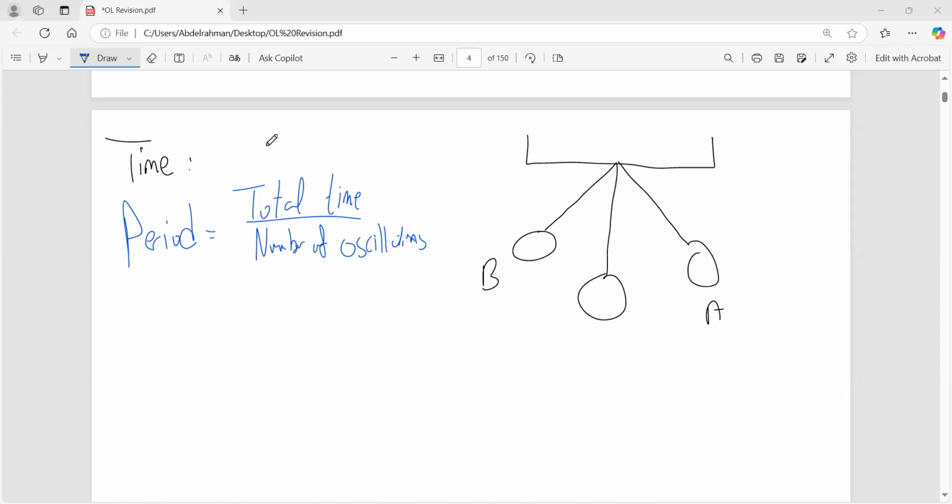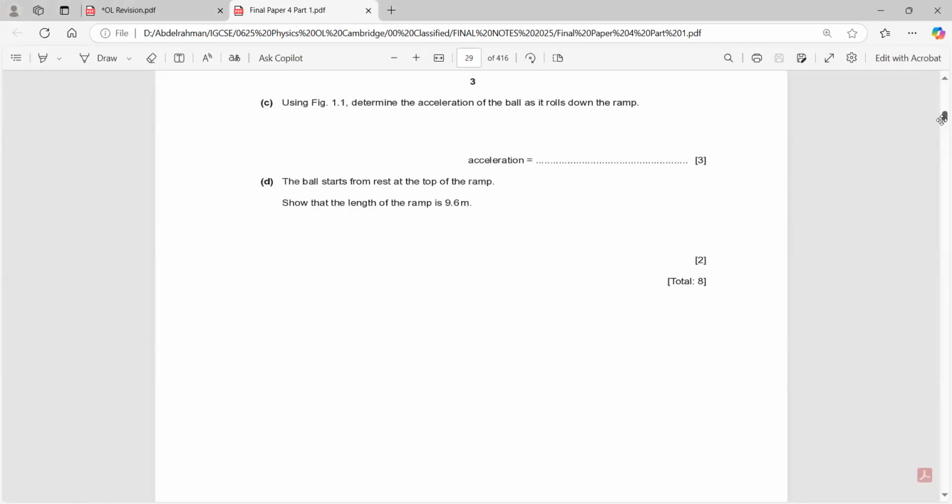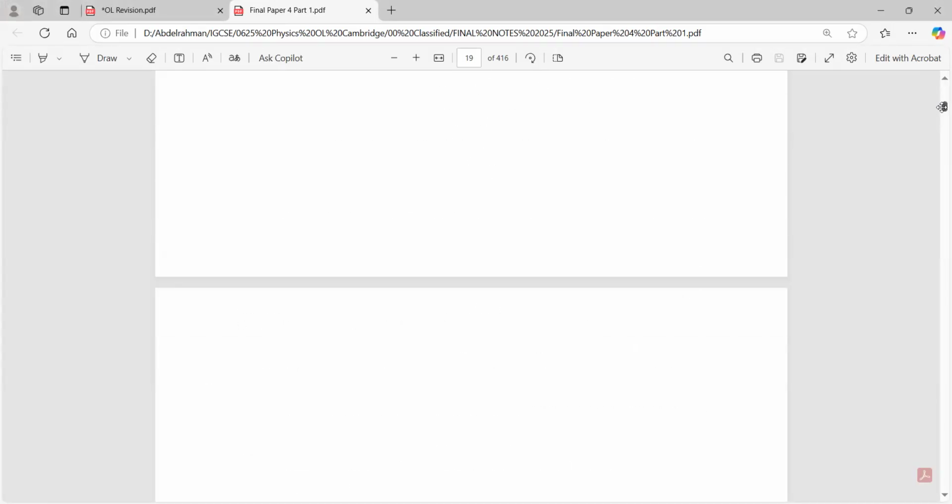Let's open up paper 4. Let's solve a couple of questions in measurements and then go back to motion. Let's open up paper 4 part 1, of course, and open up measurements.